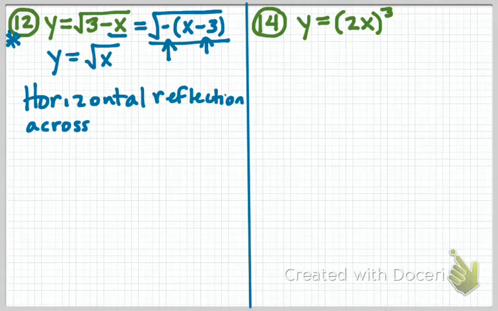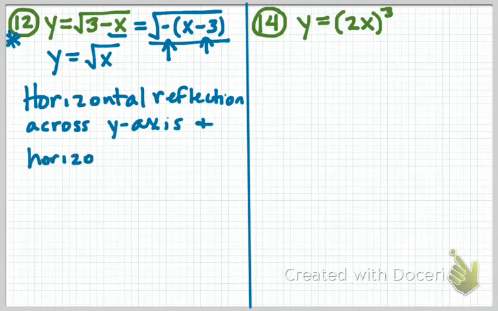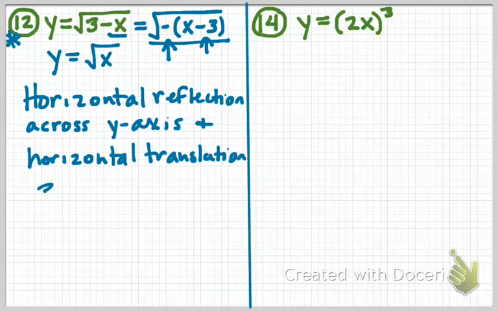And remember, we know that it's going to go across the y-axis because if it's inside, it's a horizontal and backwards change from what we would expect. But we're going to have a horizontal reflection across the y-axis and a horizontal translation three right.